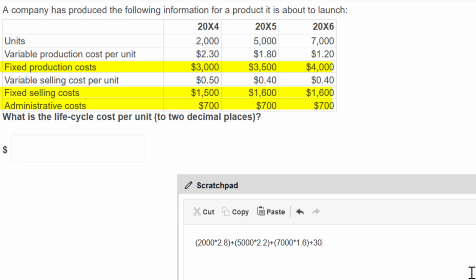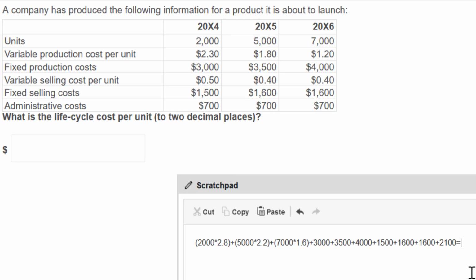So that's plus 3,000, plus 3,500, plus 4,000. Those are the fixed production costs. Plus 1,500, plus 1,600, plus 1,600. Those are the selling costs, the fixed selling costs. And lastly, the admin costs, plus 7 times 3, 2,100.